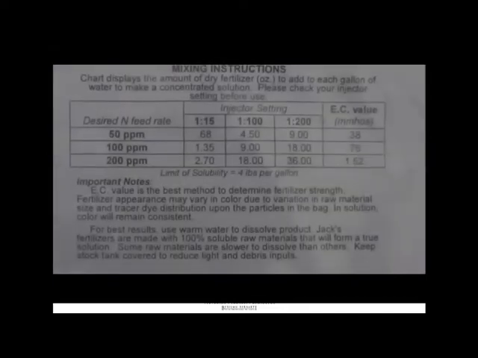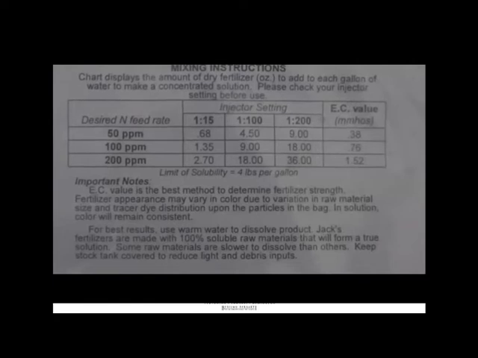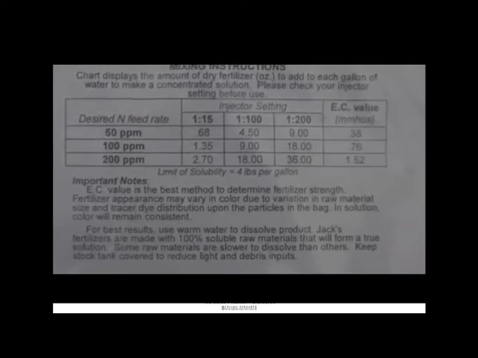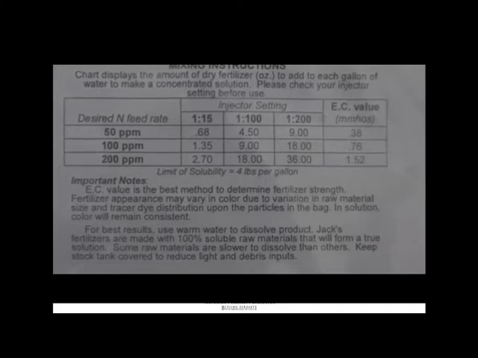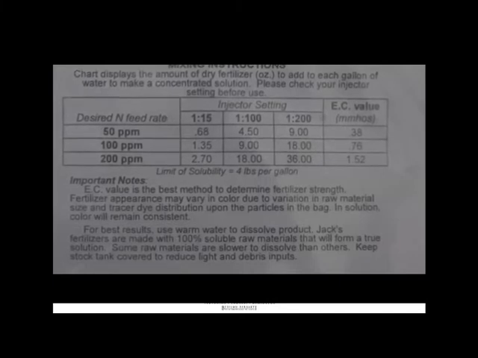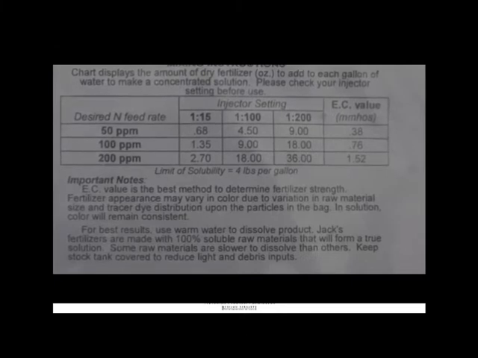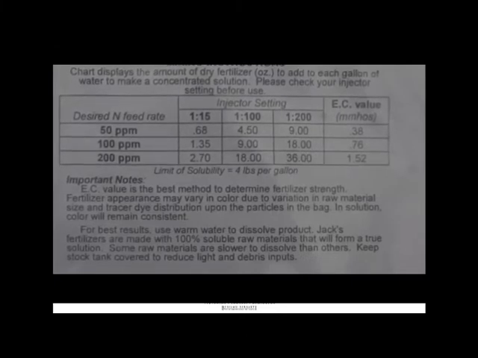When we take a closer look at the label, we see a table that gives directions for mixing, but also the EC values for different concentrations of fertilizer, and set our injector to give us 200 parts per million nitrogen. So if we look at the last row on the table labeled 200 parts per million and follow it over to the EC value column, we see that we should get a value of 1.52 millisiemens per centimeter.